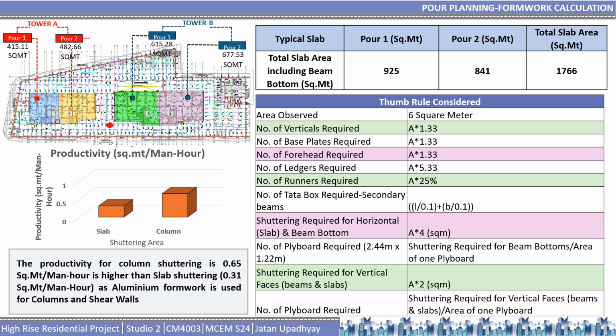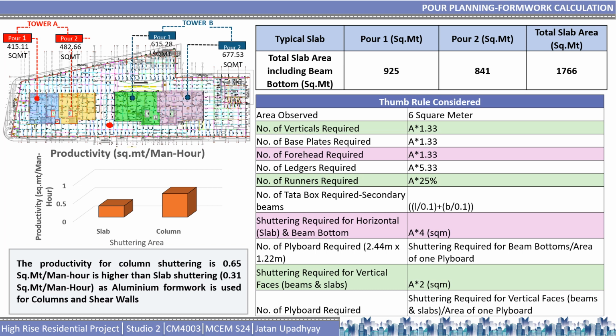For the calculation of the formwork, we chose Tower B. The total slab area including beam area in pour 1 is 925, and for pour 2, it is 841. The total slab area is around 1766 square meters.